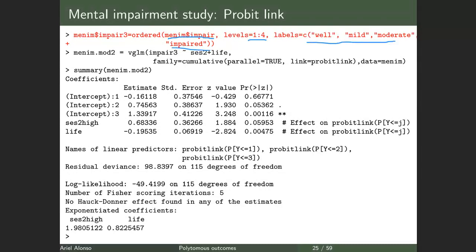What I'm doing here is constructing an ordinal variable, and now I'm going to fit the model using the VGLM function. The model is exactly the same as before. So you have now your ordinal response, and you're modeling that using socioeconomic status and life events. But now when you define family, you say cumulative, parallel equal to true.